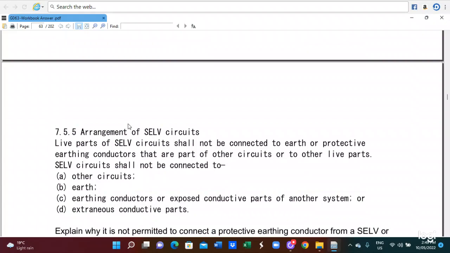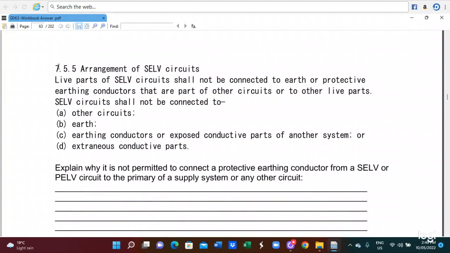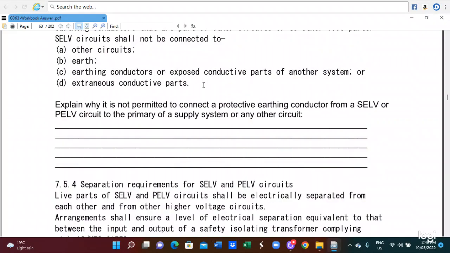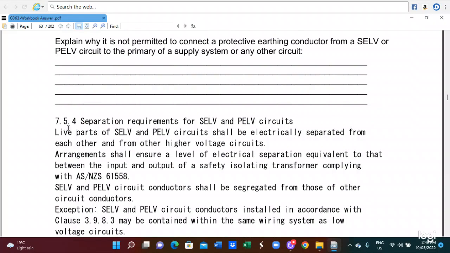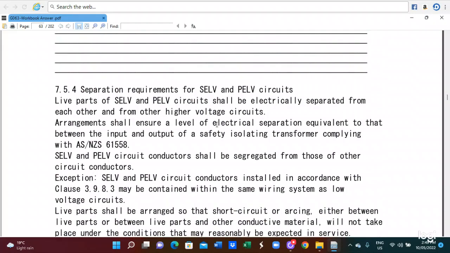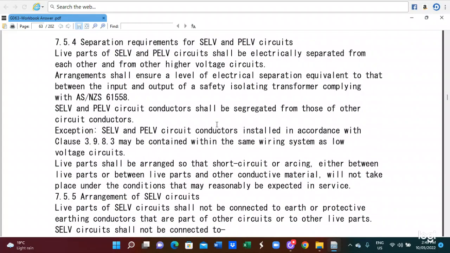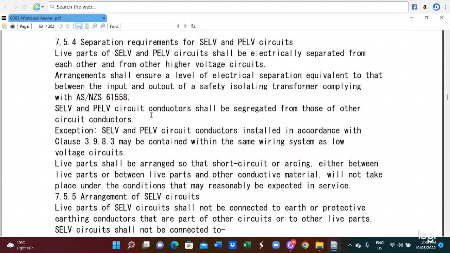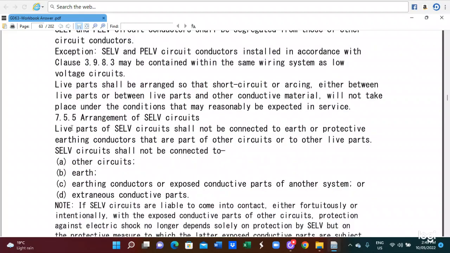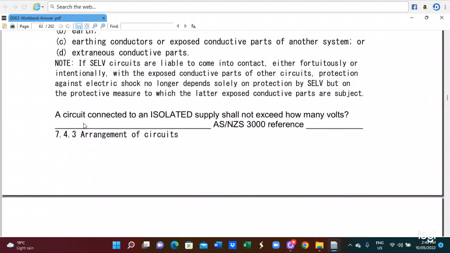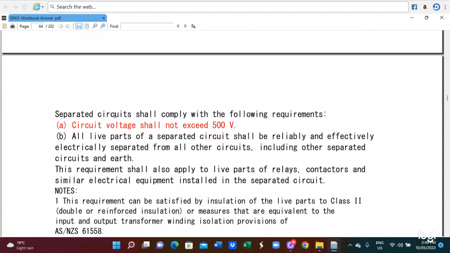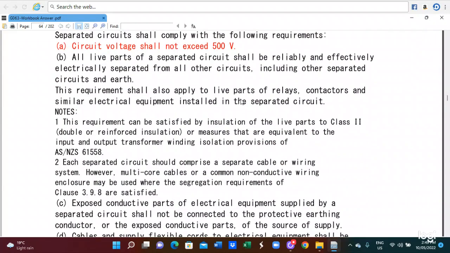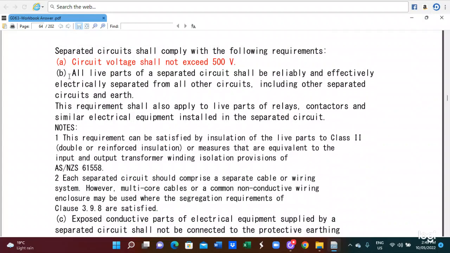Let's also read the voltage drawing conductor. 7.5.5 is the arrangement of the SELV circuit. 7.5.4 is the separation requirement for SELV or PELV circuits. Those are in the EL3000, with the separation requirements for SELV and PELV circuits. You have to read that. 7.5.5, arrangement of SELV circuit, and the split circuit required for circuit voltage not exceeding 500 volt. So you have to read the whole thing.